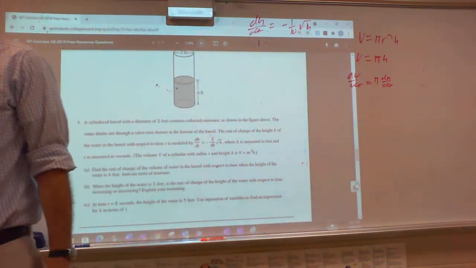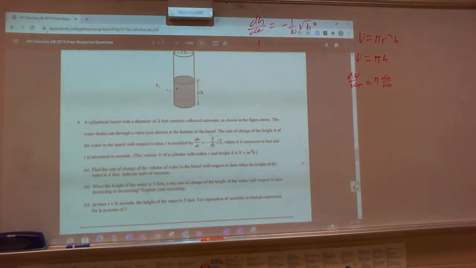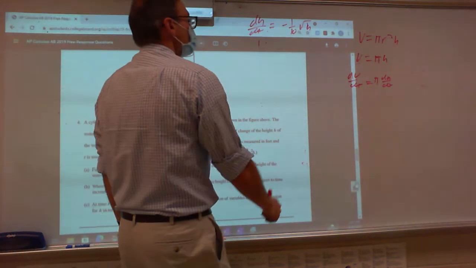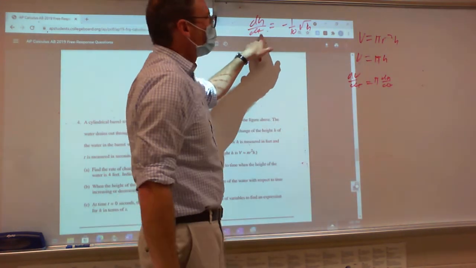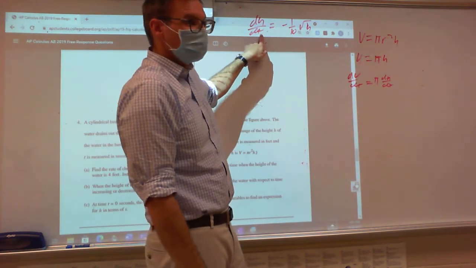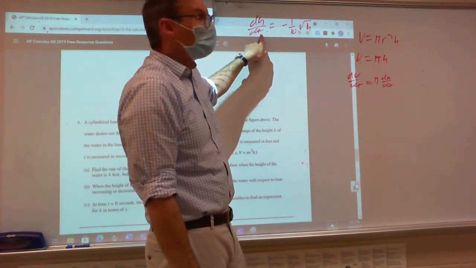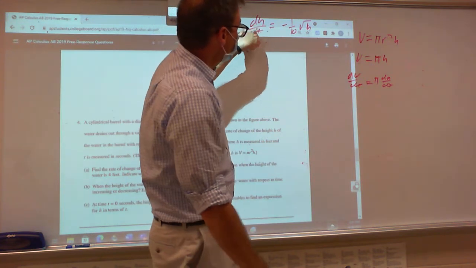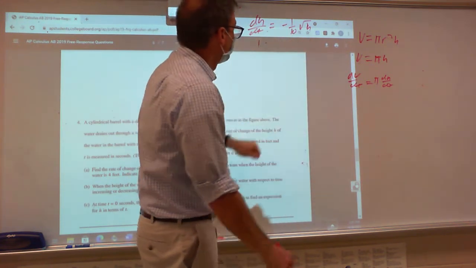And what do they want to know? Rate of change of volume. Rate of change of volume when? Height is 4 feet. When h is 4. So if h is 4, I need to know what dH/dt is. Since I need to know what dH/dt is, I got to plug a 4 in here.